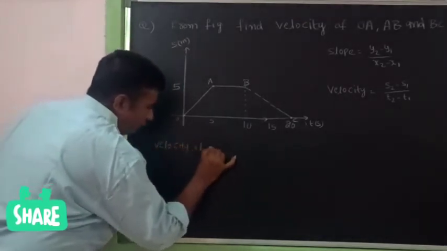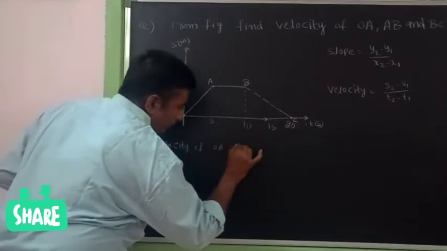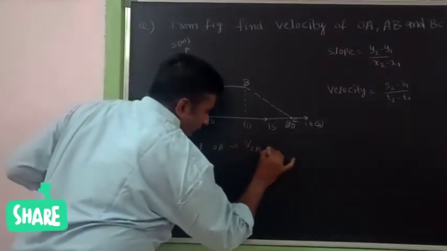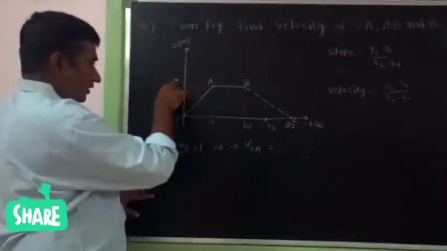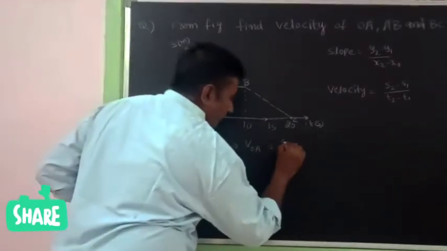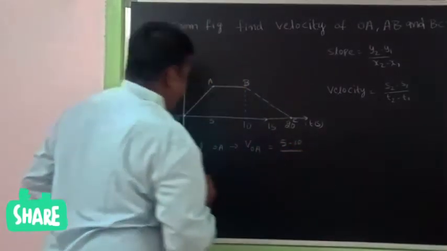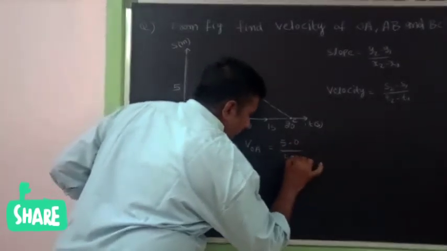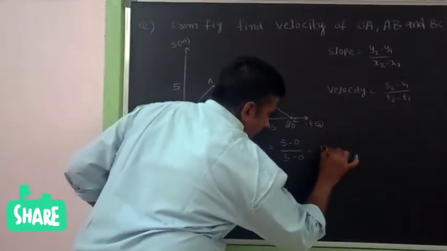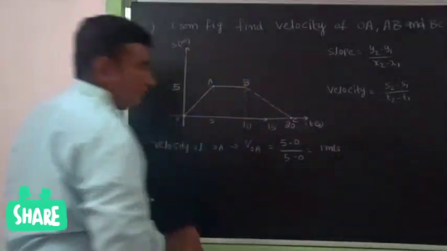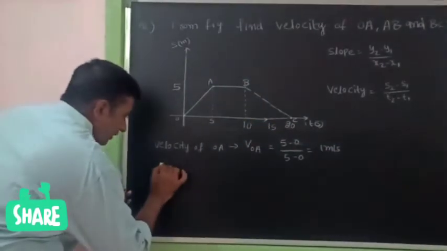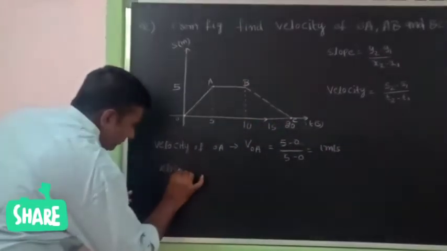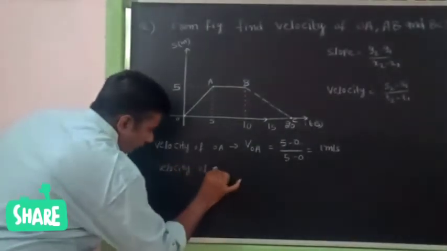So velocity of OA I can write as 5 minus 0 by 5 minus 0, sorry, which is 1 meter per second. Next, velocity of AB.